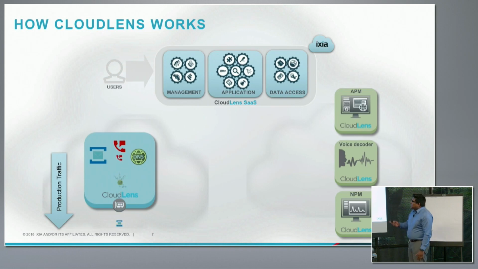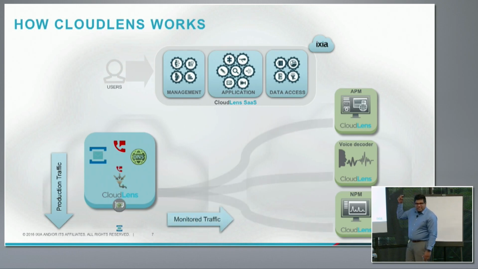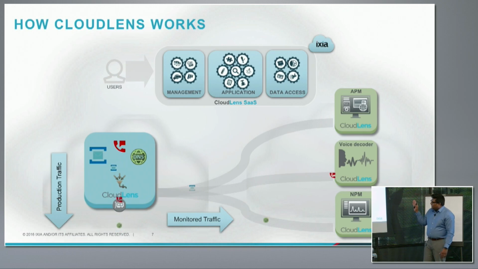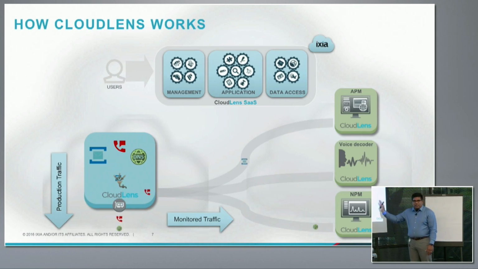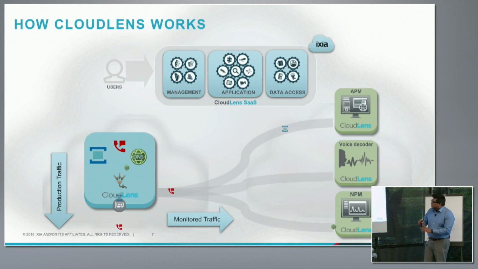Once that is done, from our SaaS portal, we can create advanced intelligent filters right at the source and send relevant traffic to relevant tools. By this, we eliminate unwanted infrastructure-related traffic right at the source. Only the traffic that's of relevance to you gets sent to the tools. So this is how our CloudLens solution works.